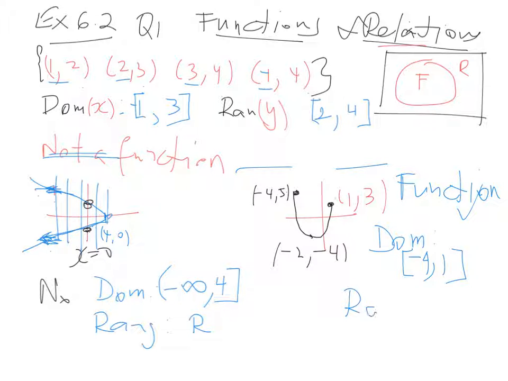The range. Now, the range. Sometimes, if you are given this thing as an equation, people make a mistake, and they'll say the range goes from 3 to 5, because they look at these two endpoints, they'll substitute values in for x and get y values of 5 and 3, and say the range goes from 3 to 5.